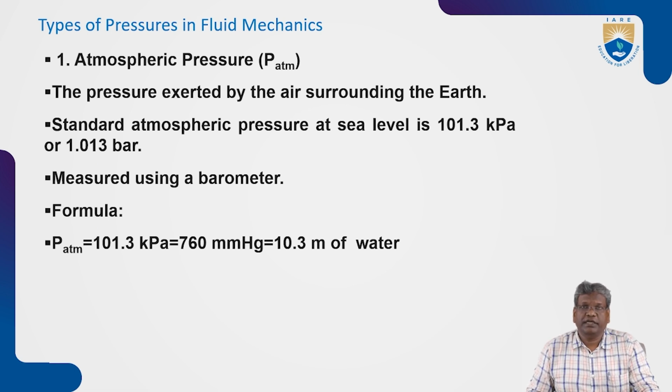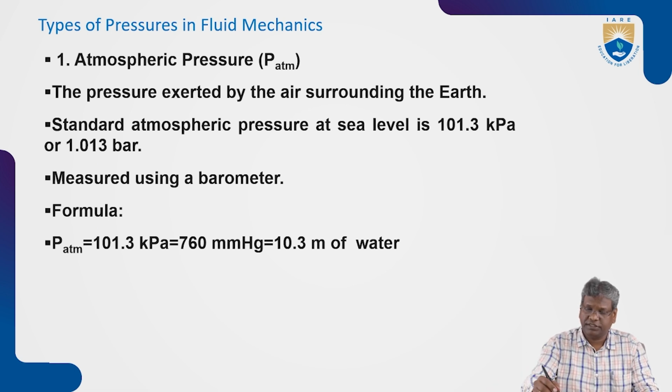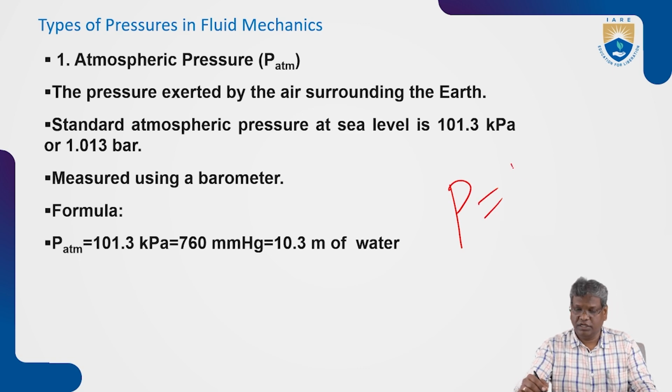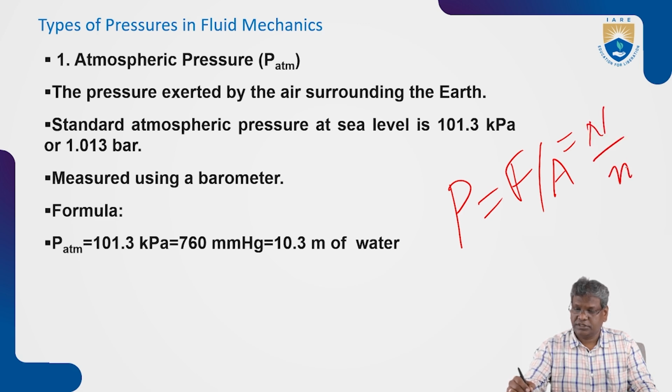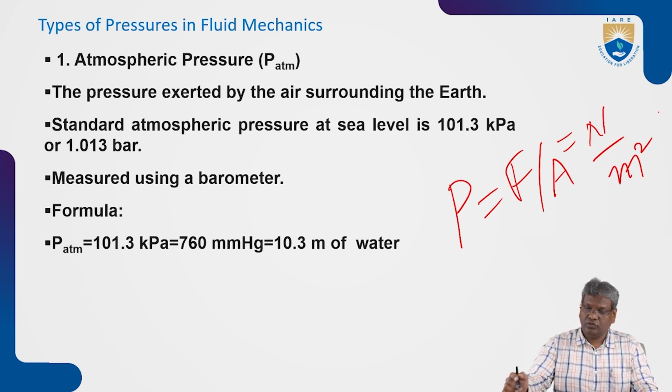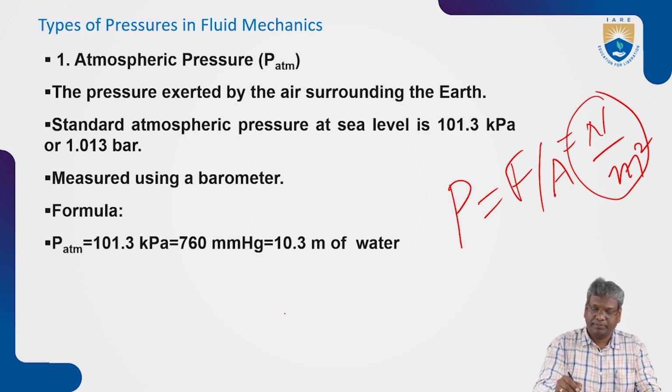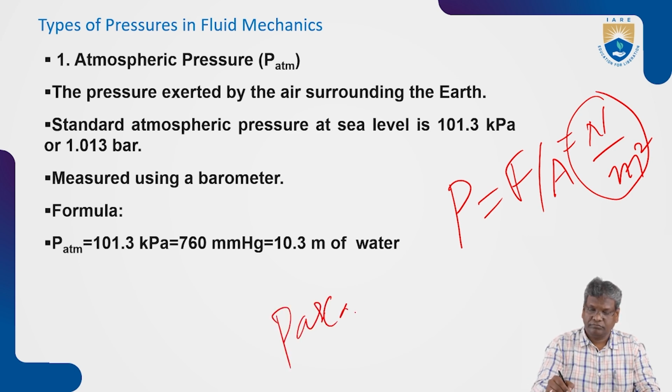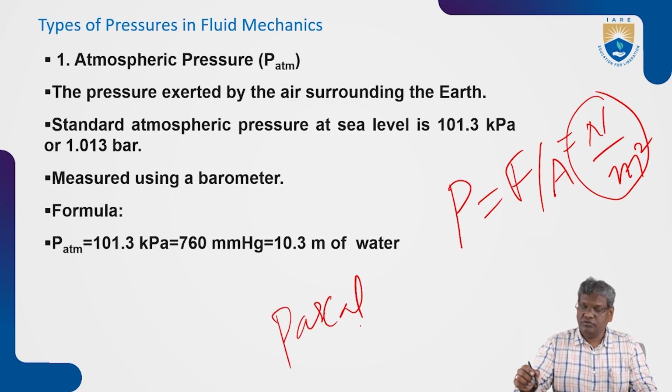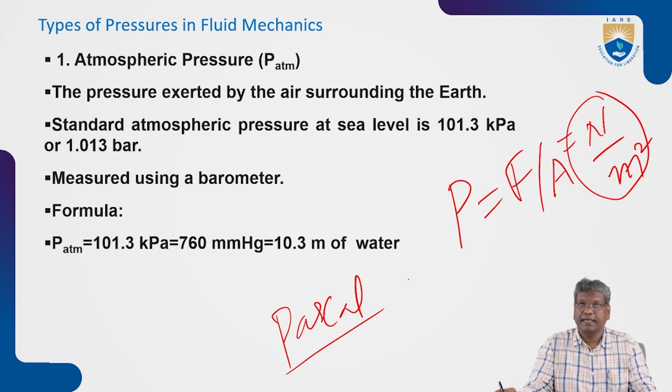Pressure can be defined as force exerted on unit area, force per unit area, Newton per meter square. Newton per meter square is also known as Pascal. So the SI unit of pressure is Newton per meter square, or Pascal. So pressure can be defined as the force exerted on unit area.